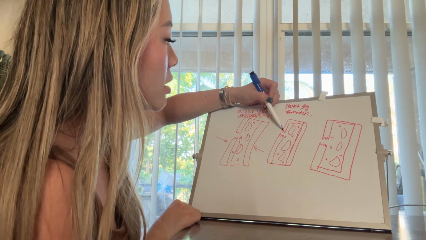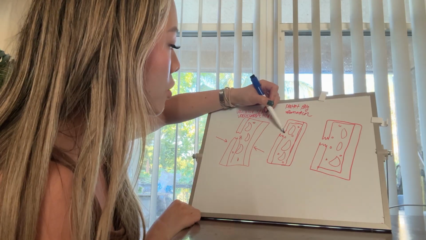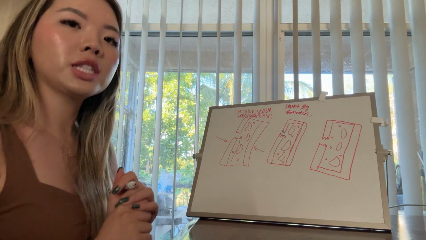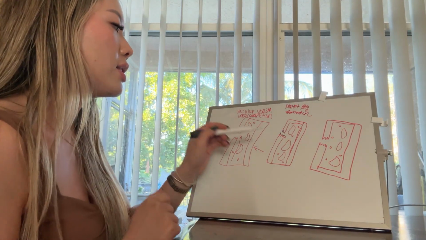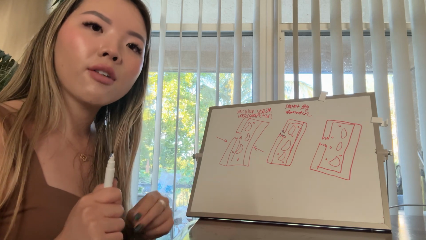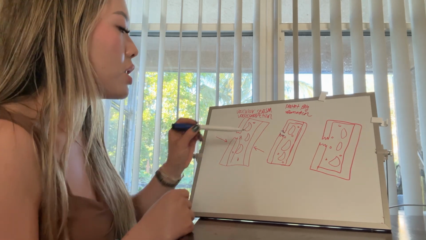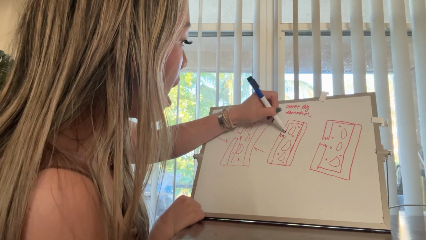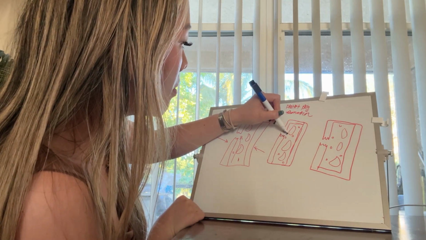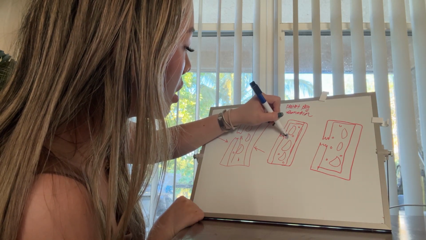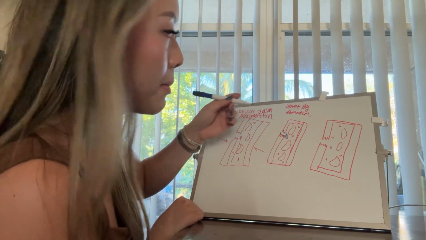So when a blood vessel is damaged, the collagen fibers are going to stick out like this, which is then going to flag the platelets. Platelets are fragments of megakaryocytes. So these platelets are going to recognize the damage in the blood vessel, and then they're going to form a plug at the site of damage.